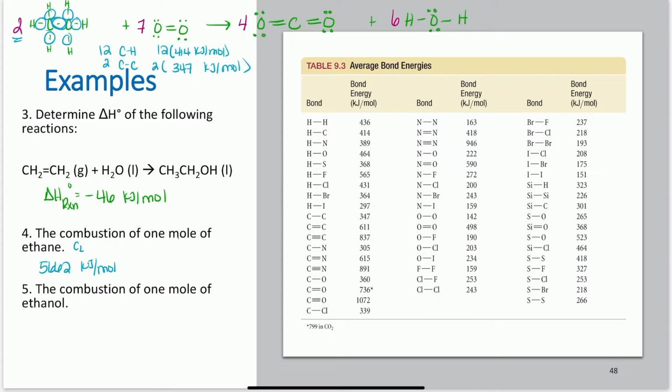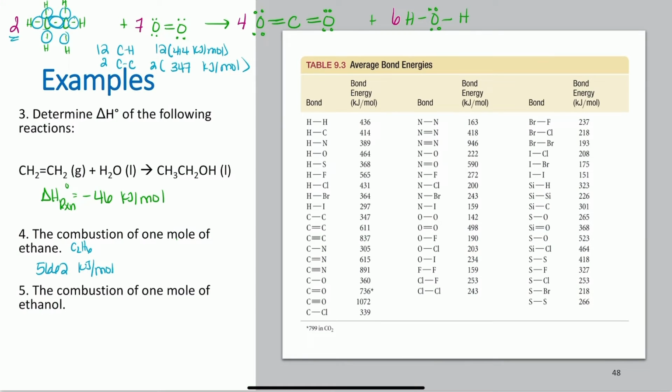And that's just for C2H6. I've got 7 oxygens. To break apart an OO double bond is 498 kilojoules per mole. Multiply that by 7. 3,486 kilojoules per mole.